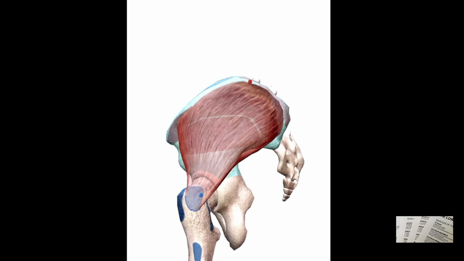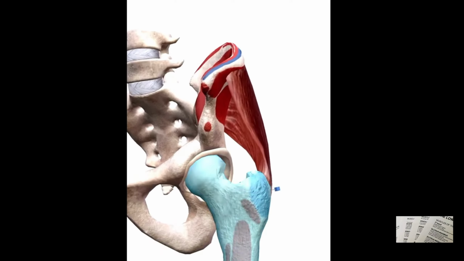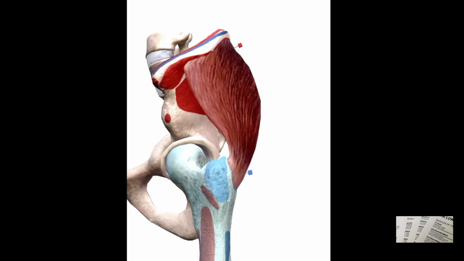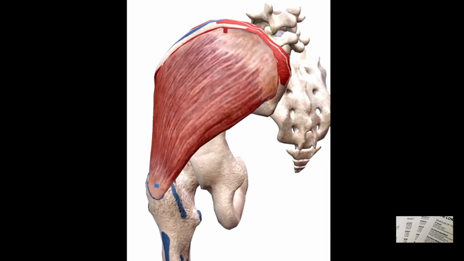Okay, and the insertion for the gluteus medius is going to be where? That's right, the greater trochanter of the femur. You see that there? There's our insertion for the gluteus medius.